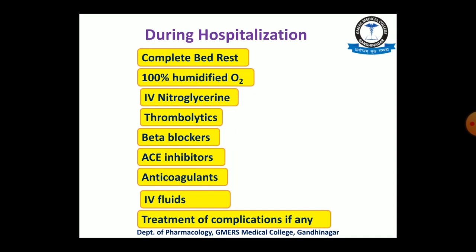Now, these are the armamentarium of the drugs. We will see the role of each drug, in which sequence it should be given, how these drugs are going to be helpful, what the advantages are, and which precautions or measures to take while prescribing each drug. Okay, in the next slide.